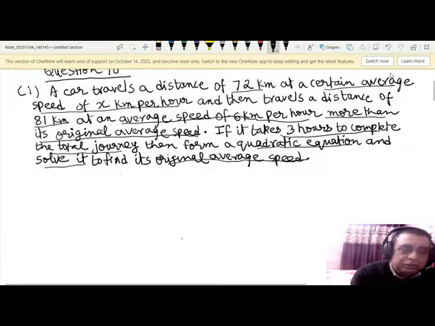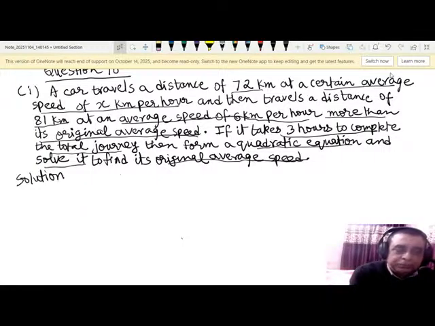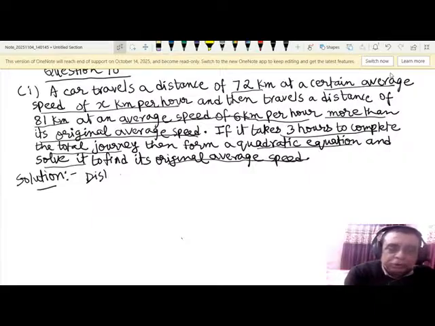So we are doing this sum. What is given in the question? There are two distances traveled at two different average speeds. The distance traveled in the first part is told to us in the question.